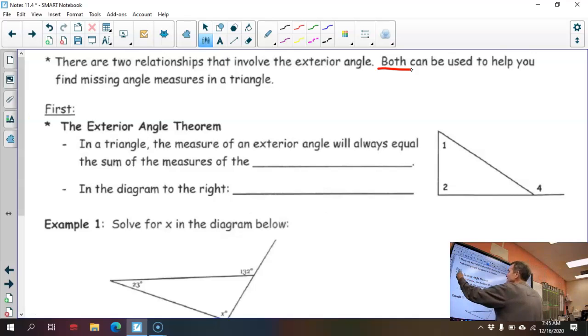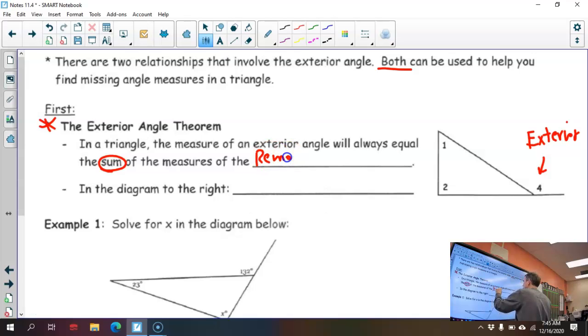This first one is called the exterior angle theorem. In a triangle, the measure of an exterior angle, right? This guy is the exterior angle, will always equal the sum of the measures of the remote interior angles.